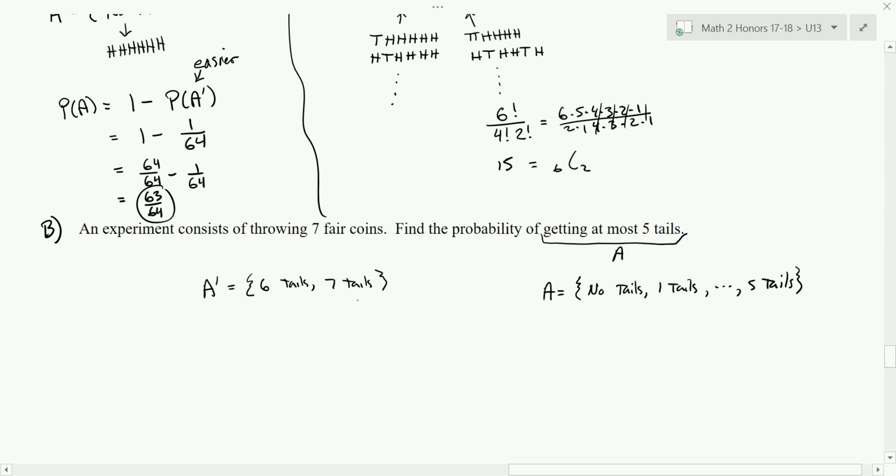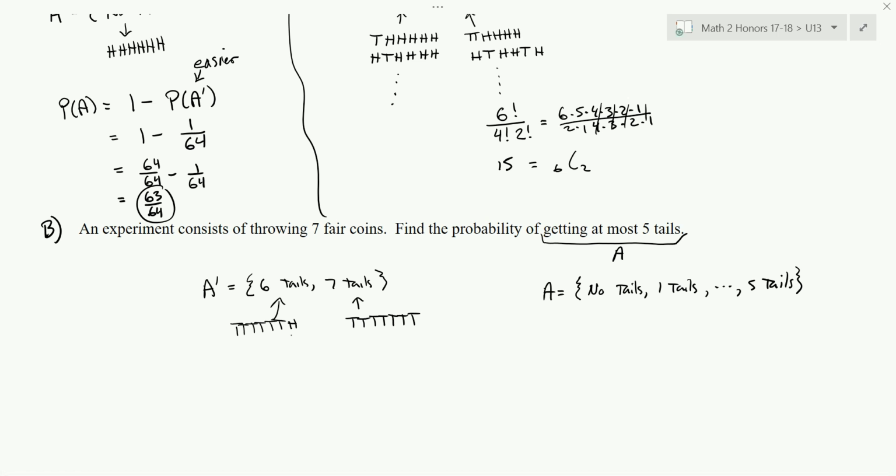And so 7 tails, there's only one way to do that. 6 tails, well, you have 6 T's and an H, right? And how many different ways can you arrange those? 7.